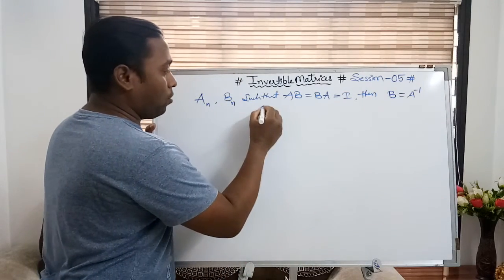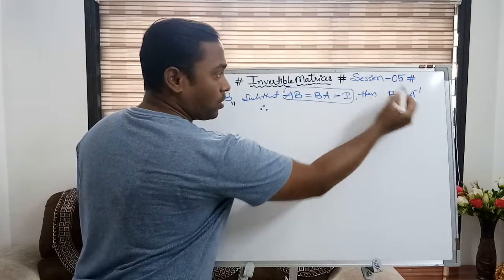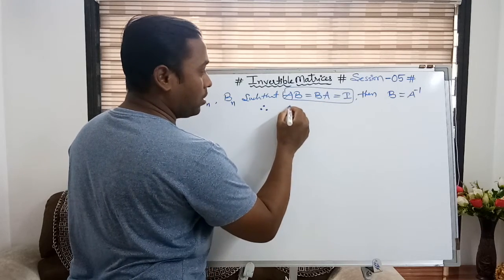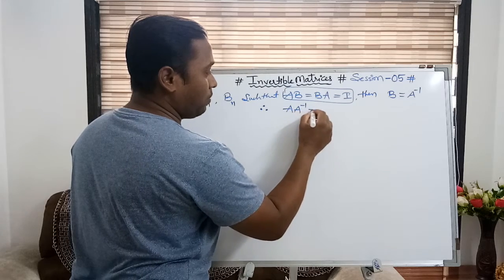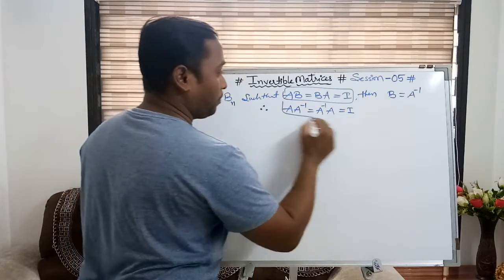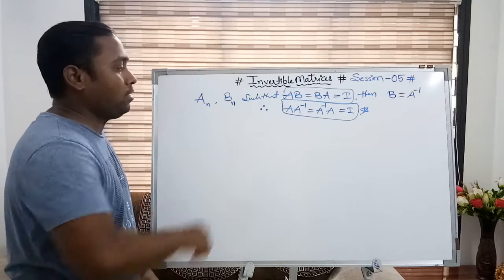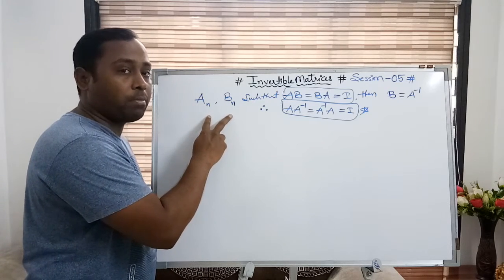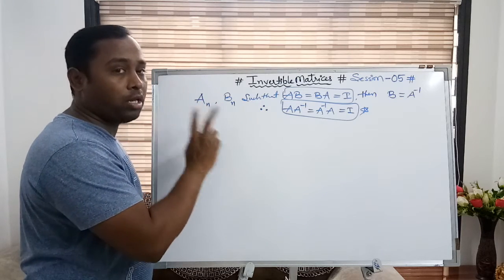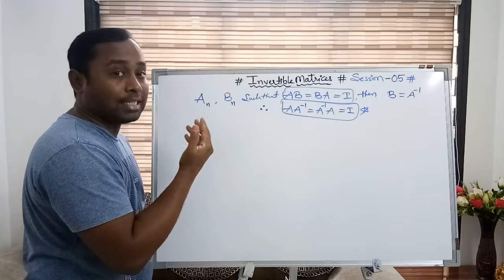Fine. So I can write the same statement: because B is an inverse of A, B can be replaced with A inverse. Therefore, A into A inverse is equal to A inverse into A is equal to I. By definition, if there exist two square matrices of the same order, remember these two are square matrices, because invertible matrices are only possible for square matrices. Other than the square matrix, it won't exist.